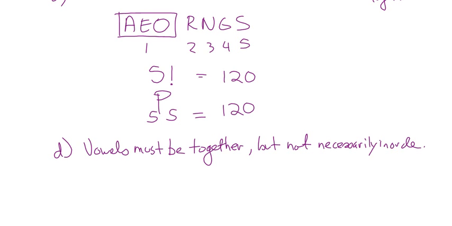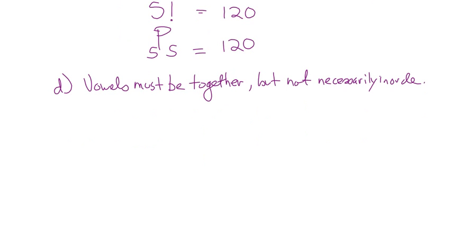How else could they be arranged? A-O-E, E-A-O, E-O-A. How many ways are there of arranging just the vowels? 6, right? Which is what? 3 factorial.